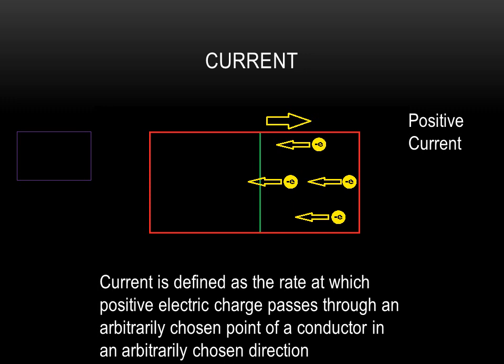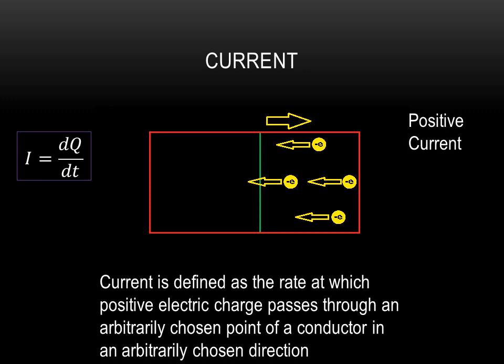And this is actually what happens in a conductor. The electrons, the negative charges, are actually what are moving inside of a conductor. However, this definition came about before that was really appreciated and understood. So when you see positive current moving to the right, you know that what's really happening is the negative charges are moving to the left.